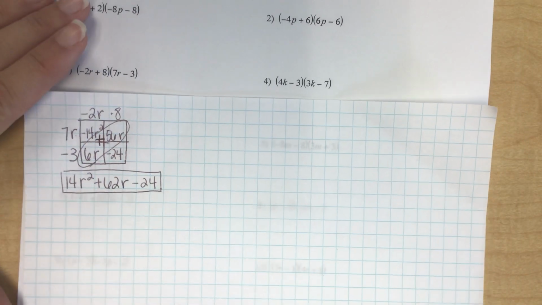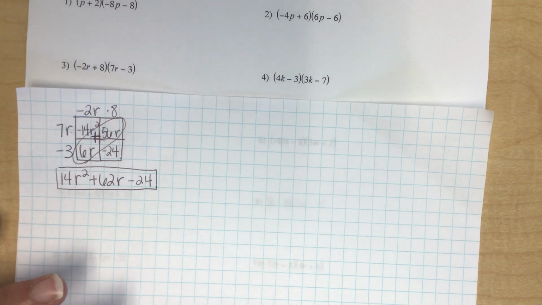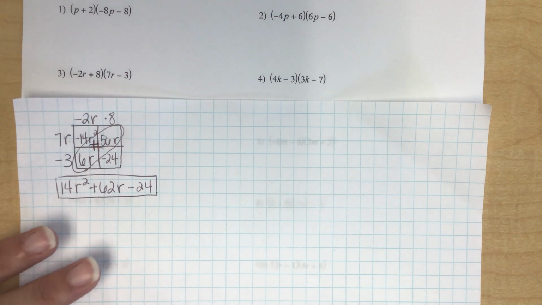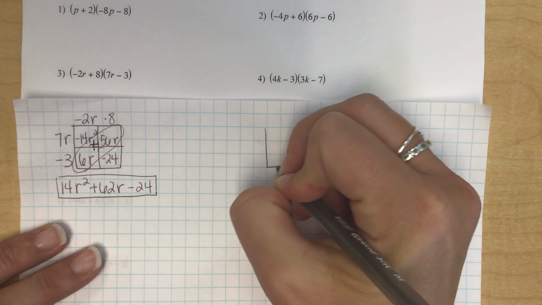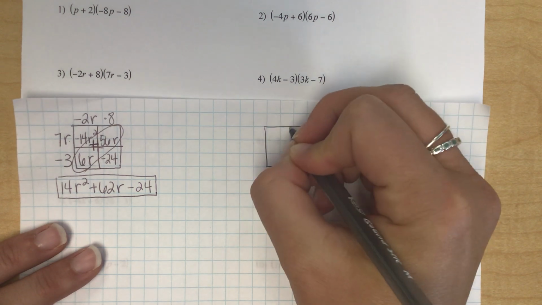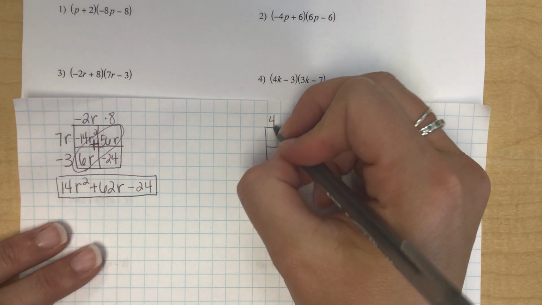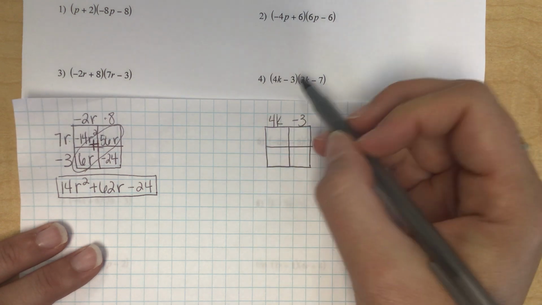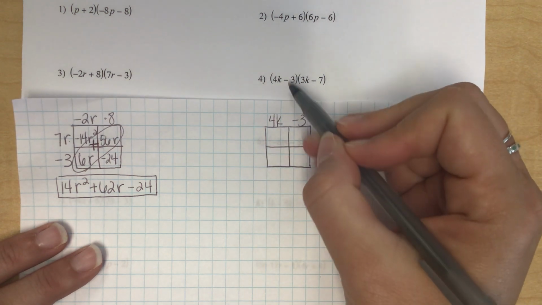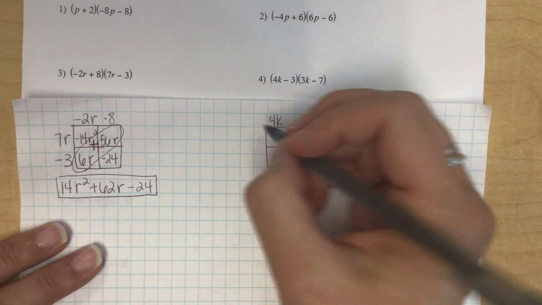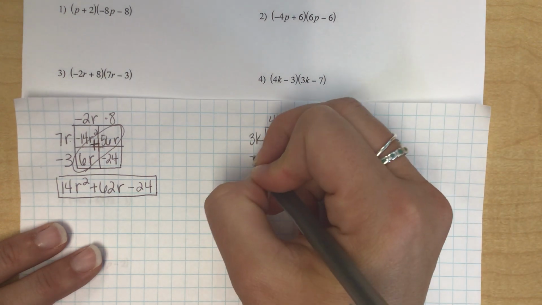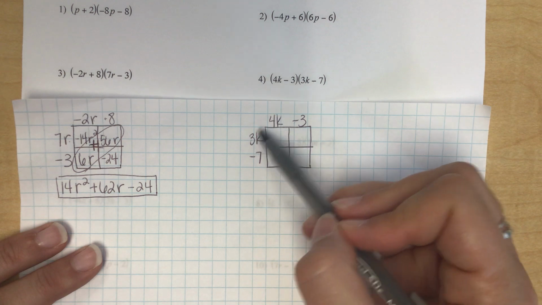Okay, let's try number 4. Again, if at any time you want to pause and try it yourself, feel free to do that. I'm going to draw my box and put my terms. I take the first one and write it across the top, making sure that I put that negative with that minus sign as a negative right there. This is 3k minus 7. So I multiply these first two.